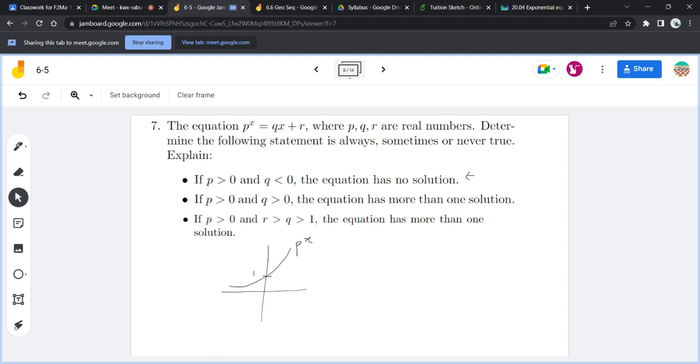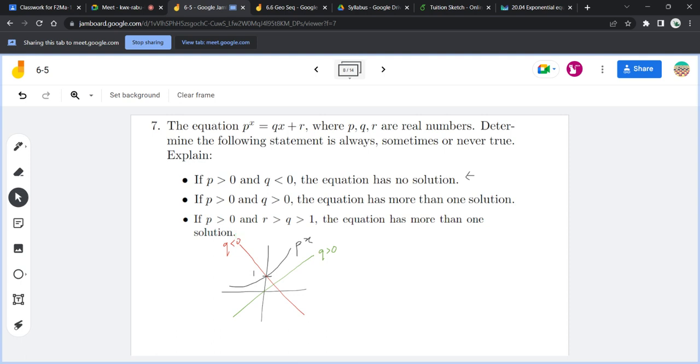We know that the line is in this form, in this direction instead of the green direction. The green direction is when q is larger than 0, while this one is when q is less than 0.